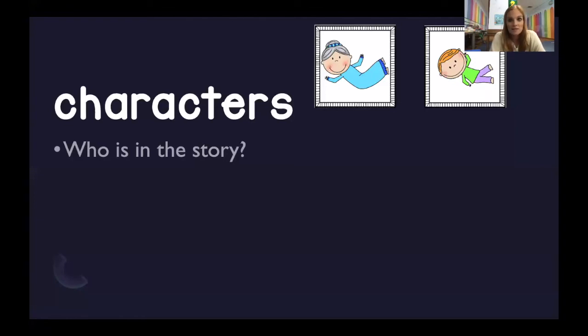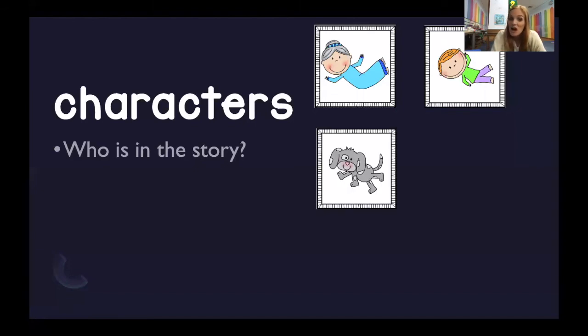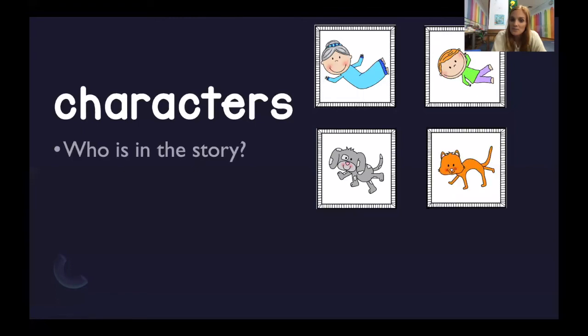After the child, who was the next character? Woof, woof. Dog. The dog was a character. Who slept on top of the dog? The cat. The cat was another character.